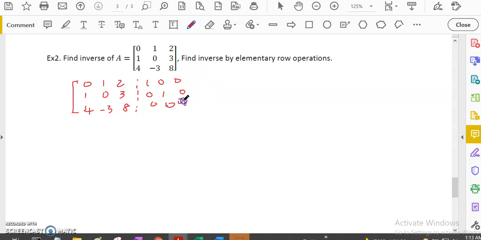Okay, so this is the identity matrix. So I will use elementary row operations to transform this to I, and at the same time when I'm doing the row operations, this will become A inverse. So watch the next video.